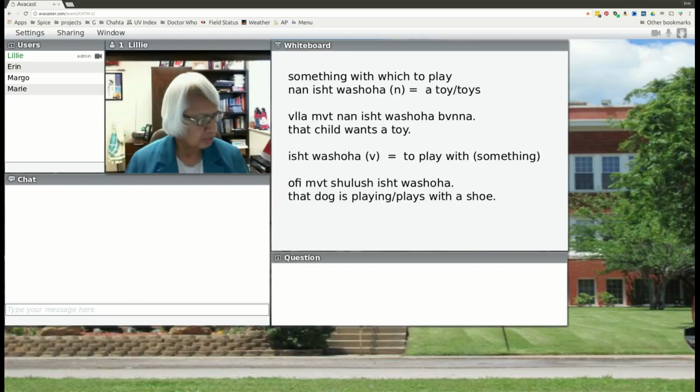Do you have any questions on this part? Sorry, my keyboard's frozen.